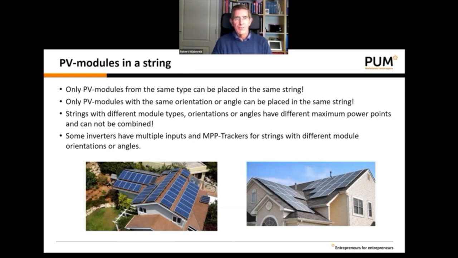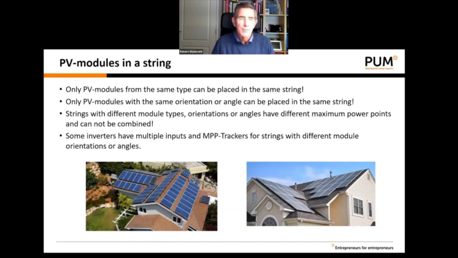Strings with different module types, orientations or angles have different maximum power points and cannot be combined, because the maximum power point tracker then calculates an average maximum power point, which never has the optimum for all the individual solar modules.